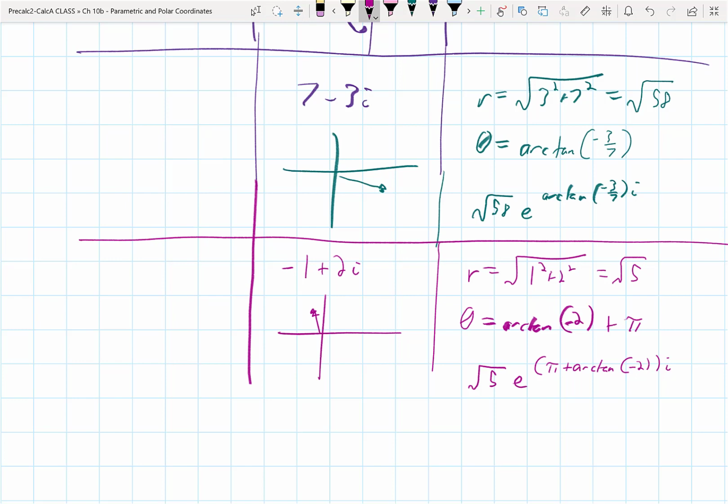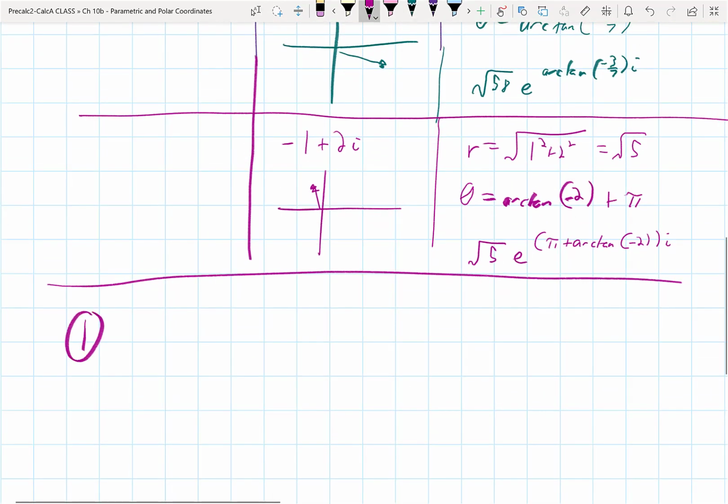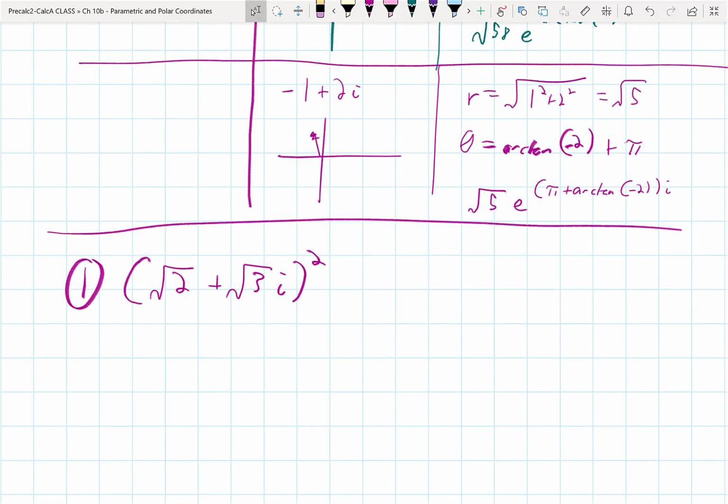Okay, continuing on to some other types of problems. We started to allude yesterday to how squaring and other operations are far easier in polar form than they are in rectangular form. For instance, if I gave you this and asked you to square it and give me the polar form of the square, we'd want to convert that to polar form first.